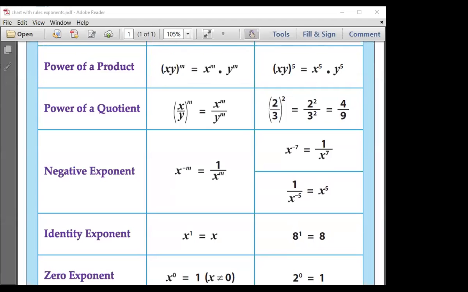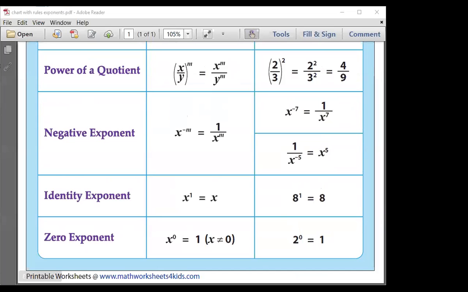We simplify everyone by itself, right? We will multiply. Let me give you another example. If you have, for example, x power 2, y power 3, all power 2. How we will simplify this?